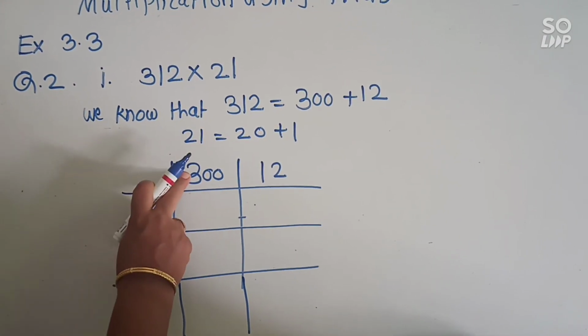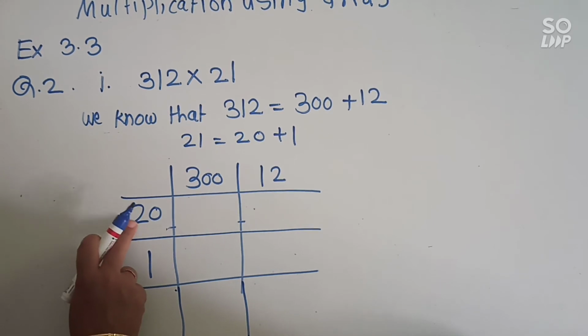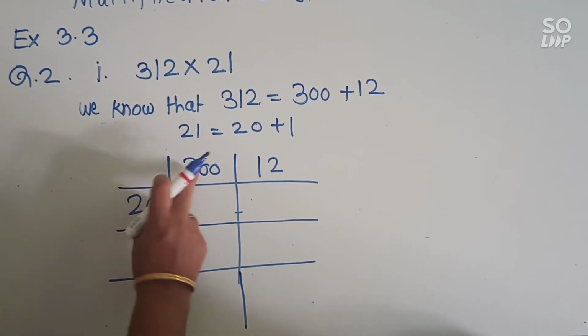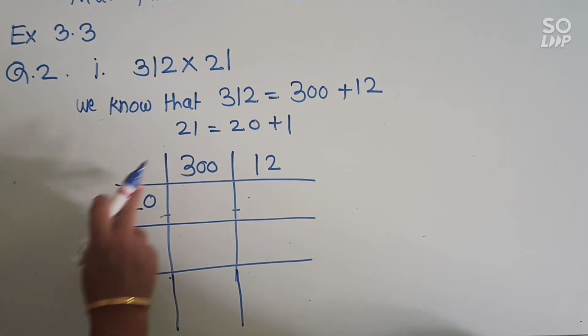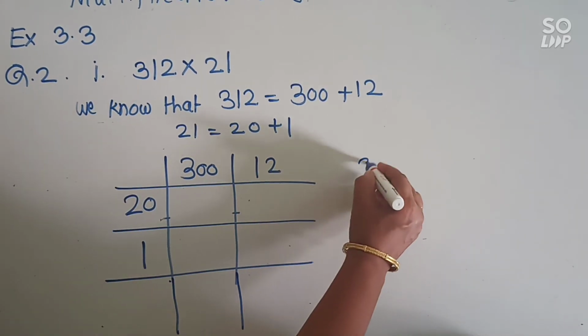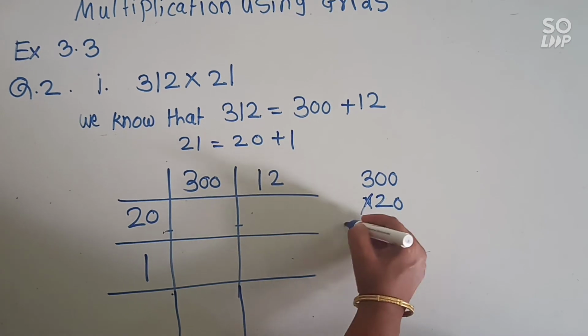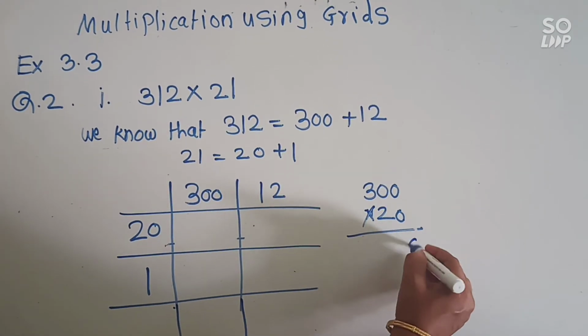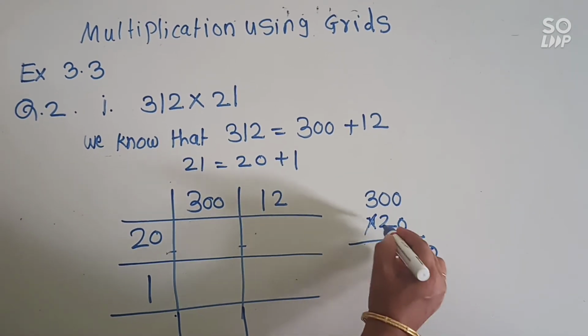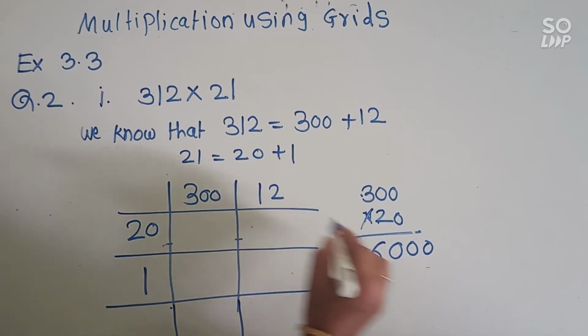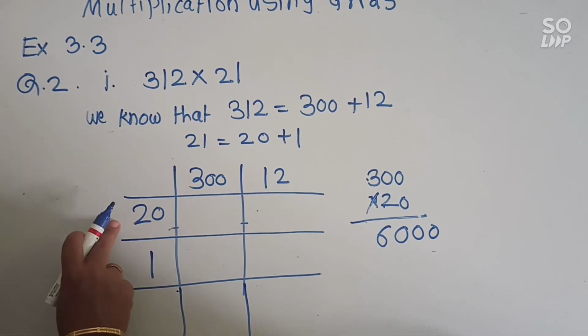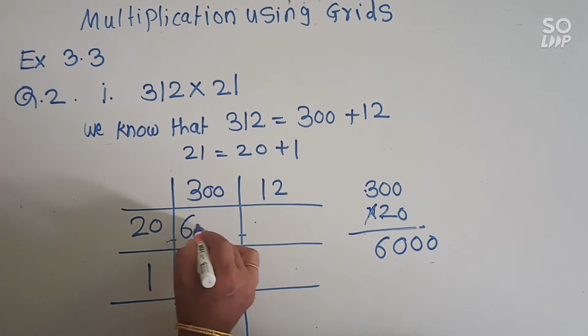Now multiplication with 20 here. Okay, 300 multiplied by 20, 1 2 3 0 here, and then 2 3s are 6, means 300 multiplied by 20 is equal to 6000.